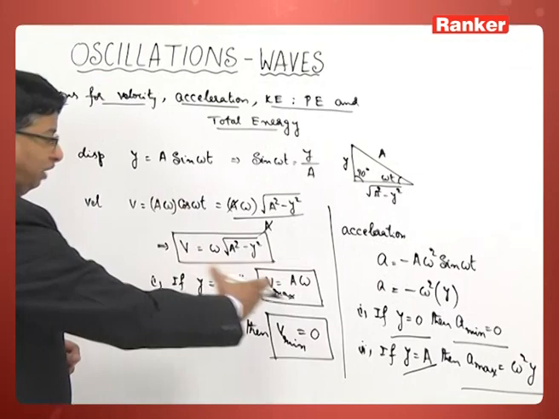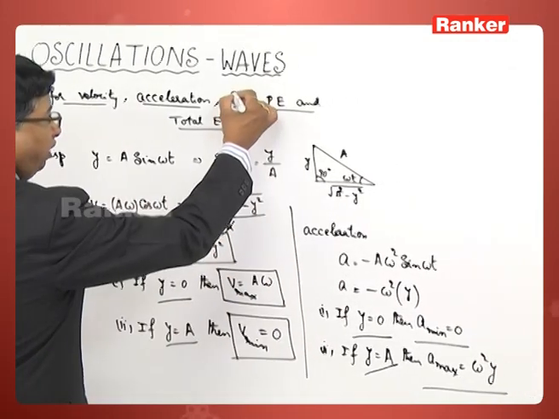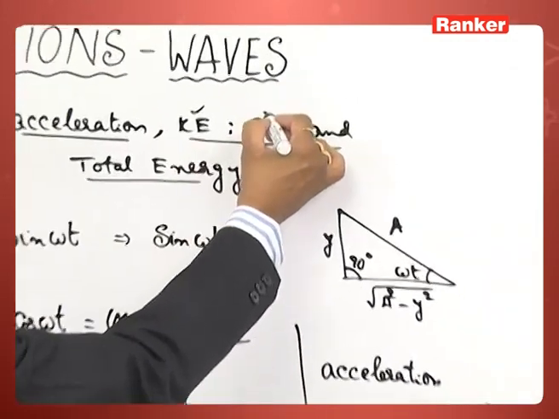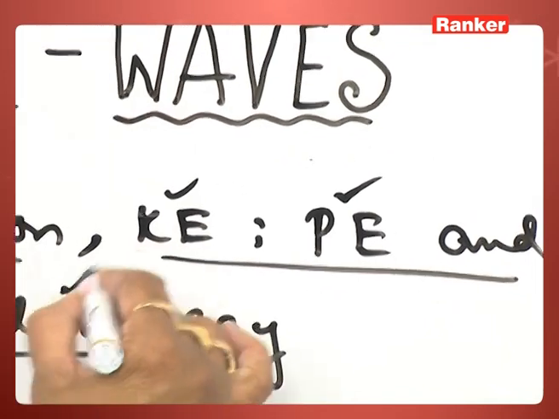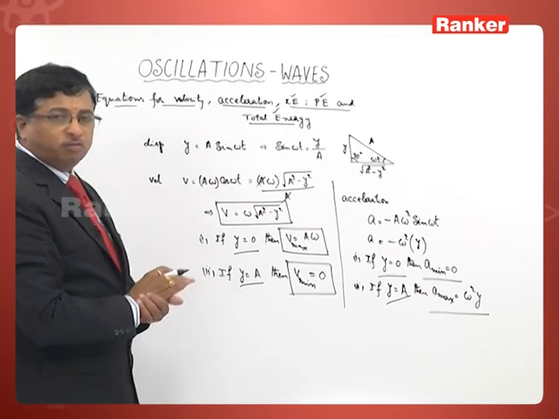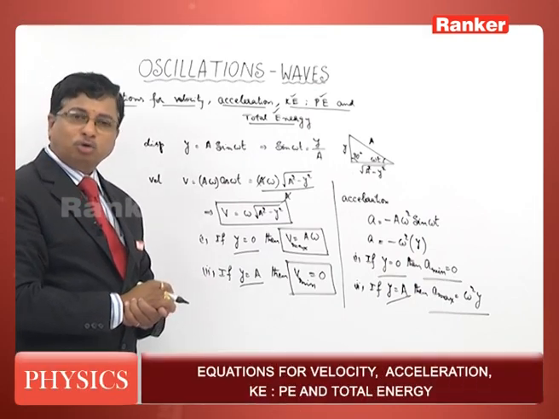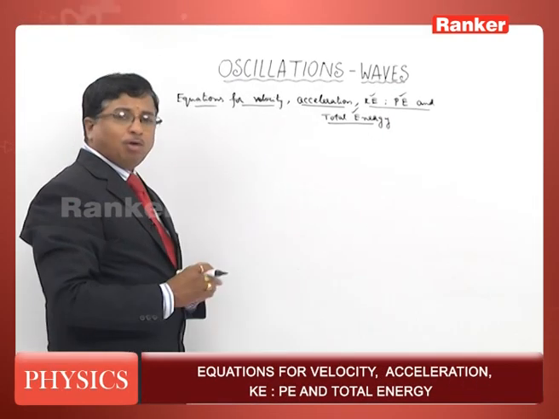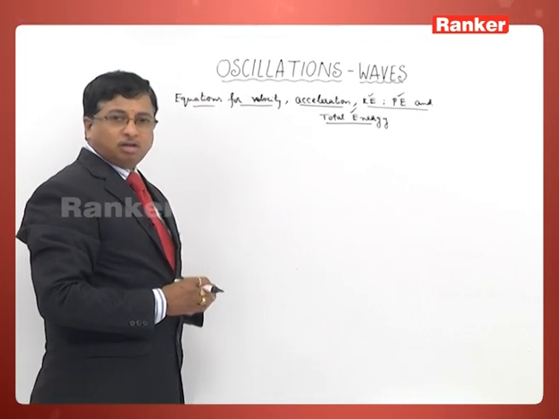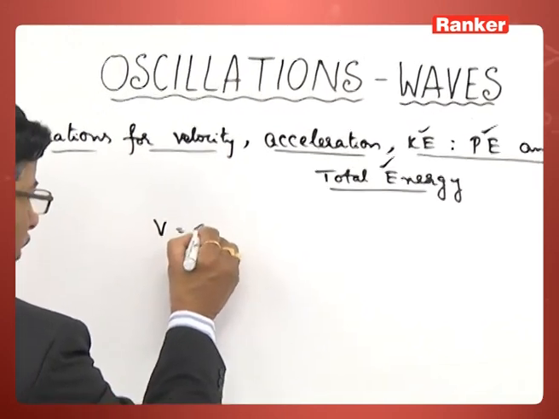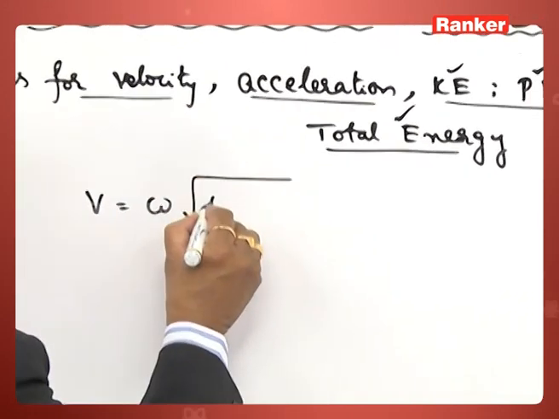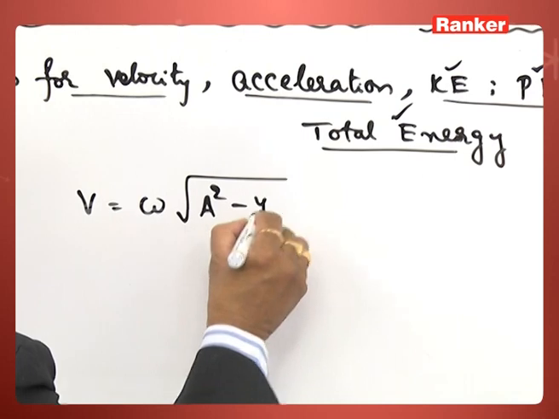So, considering these equations, we now can identify the equations for kinetic energy, potential energy and total energy of the particle which is in simple harmonic motion. Already we have discussed the velocity of a particle in simple harmonic motion, which we have written as v = omega root A square minus y square.